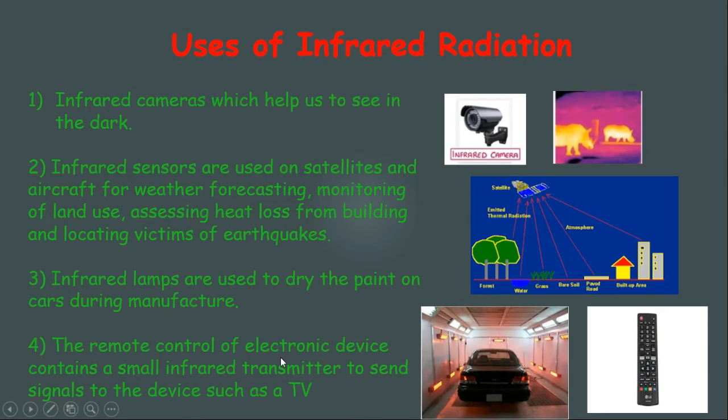It contains a small infrared transmitter to send signals to a device, such as a TV. These uses are very important. You have to memorize them because most of the time in paper 2, they ask questions about the uses of each electromagnetic wave and how we use it.